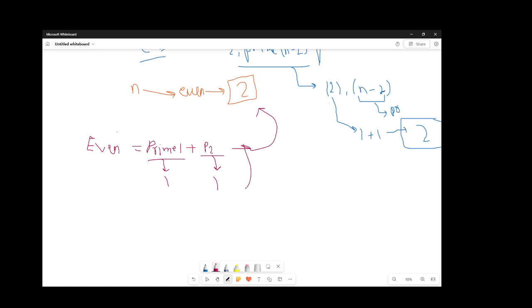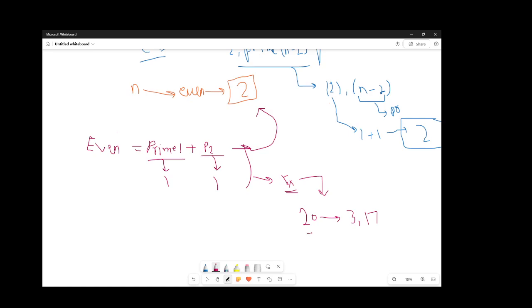If we want to look at examples, then we can obviously see: if the number is 20, possibly we can split it as 17 and 3.